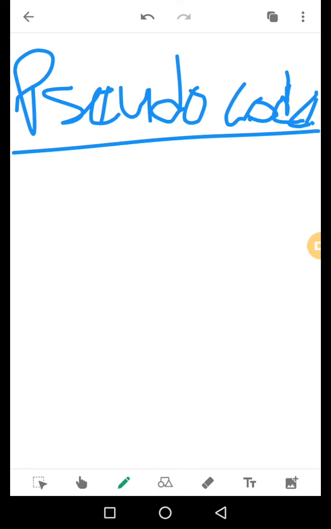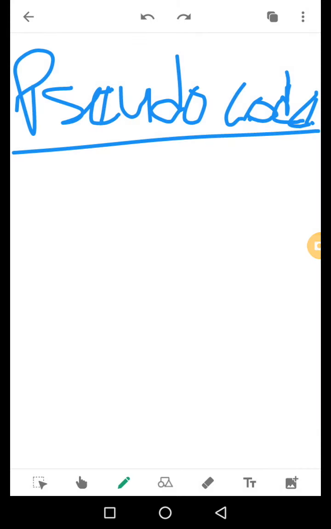So I want you to note the three types of instructions here. Input will mean get. Process means calculate. Then output will mean display. Are you getting it now?